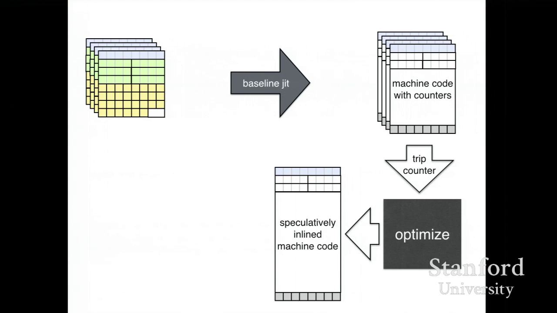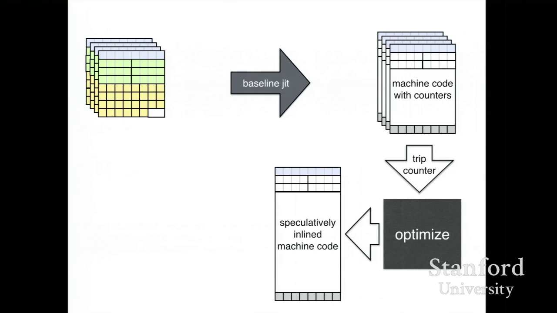What the optimizer does is generate some machine code. In fact, it analyzes the stack and tries to inline a whole series of the bytecoded methods, and I've drawn my bytecoded methods on the left.